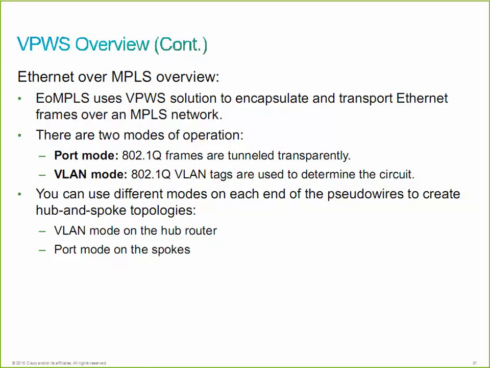At the hub site, the circuit is operated in VLAN mode to select the different VLANs to identify each of the spokes. And at the spoke side, the circuit is operated in port mode, so we don't necessarily have to have tagged frames for those particular packets leaving the spoke side.